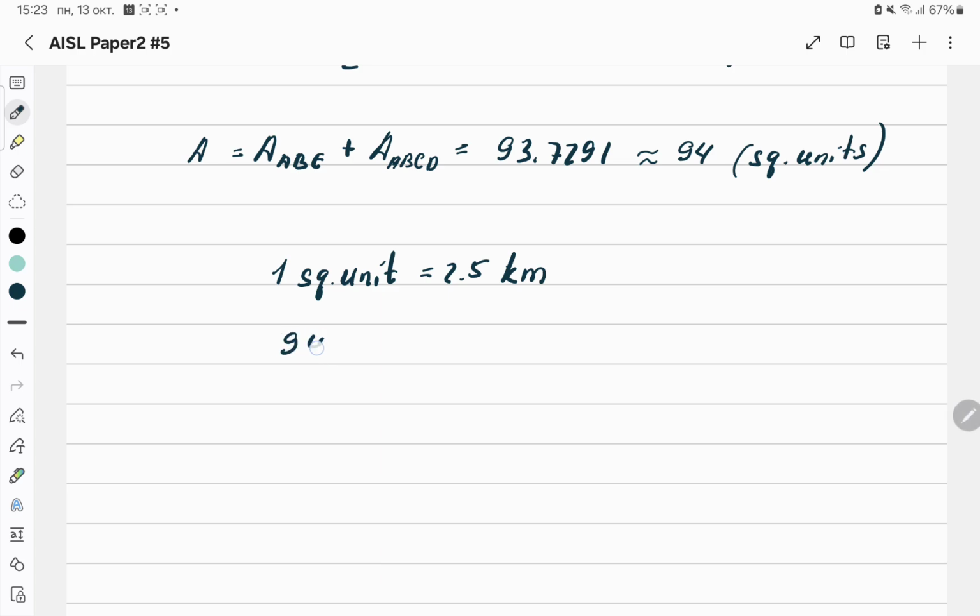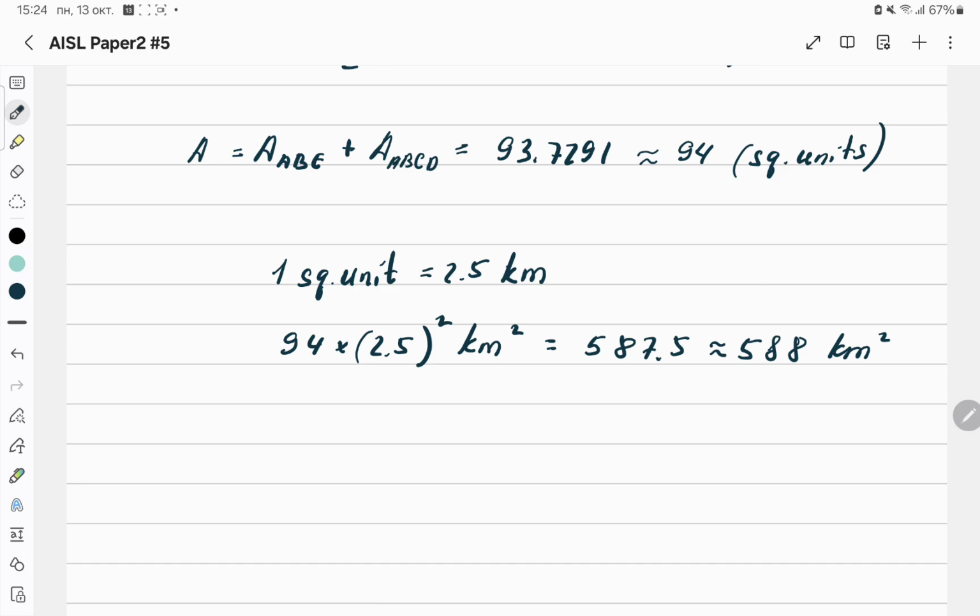So 94 multiplied by 2.5 squared, because it's squared units, right? Squared kilometers, yeah, kilometers squared. So the final answer here will be 587.5 approximately. It is 588 kilometers squared.